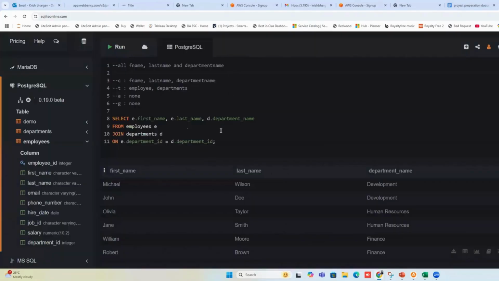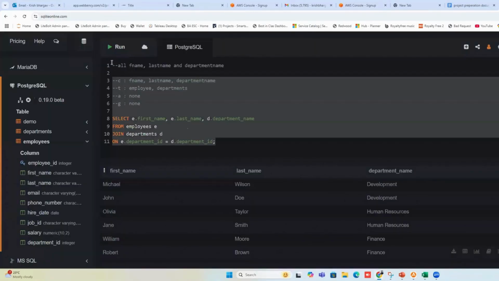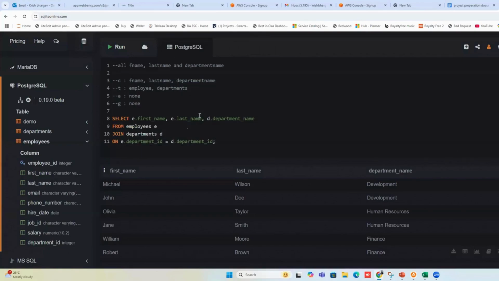Now, he's saying, now when I do inner joins, can I get employees who don't have a department? No. Correct. Because it'll only match if they're both matching.